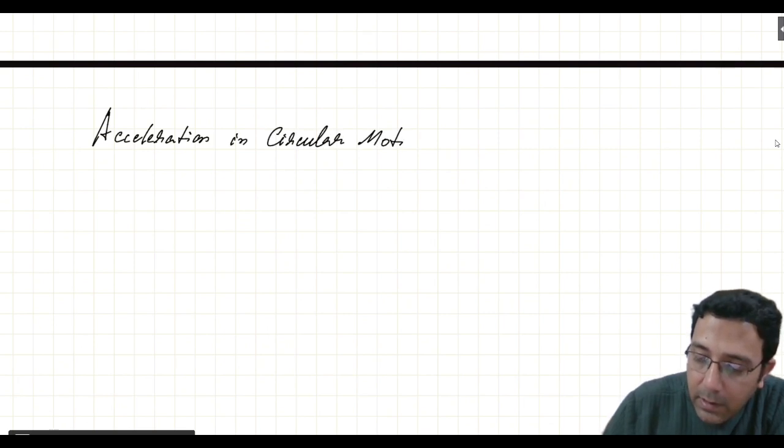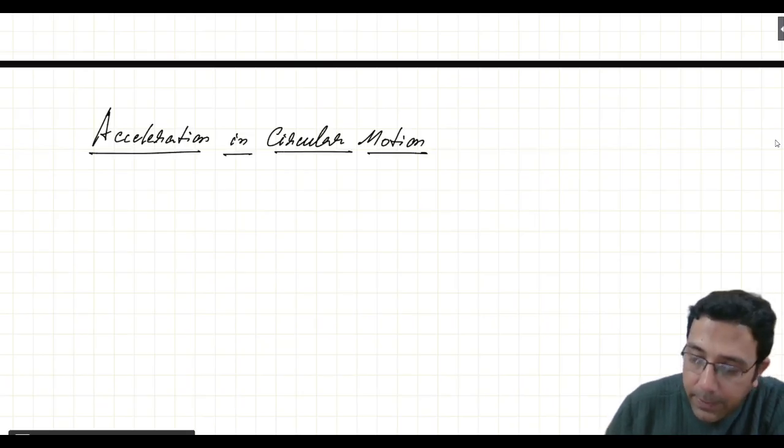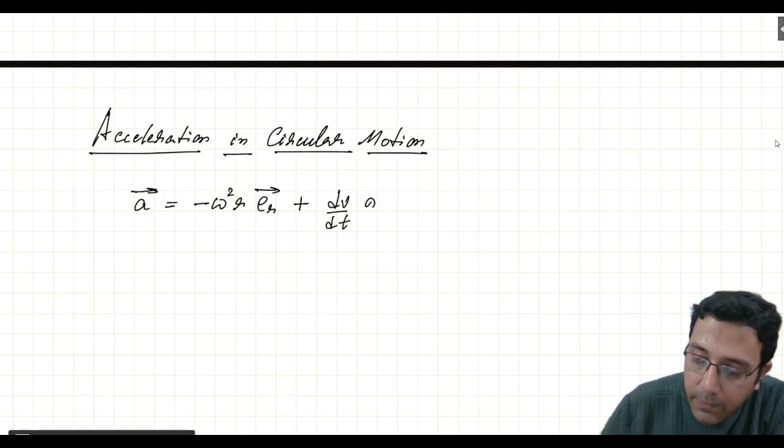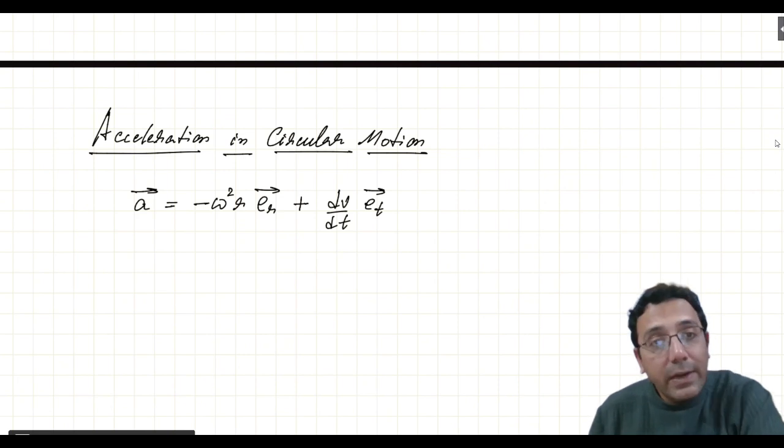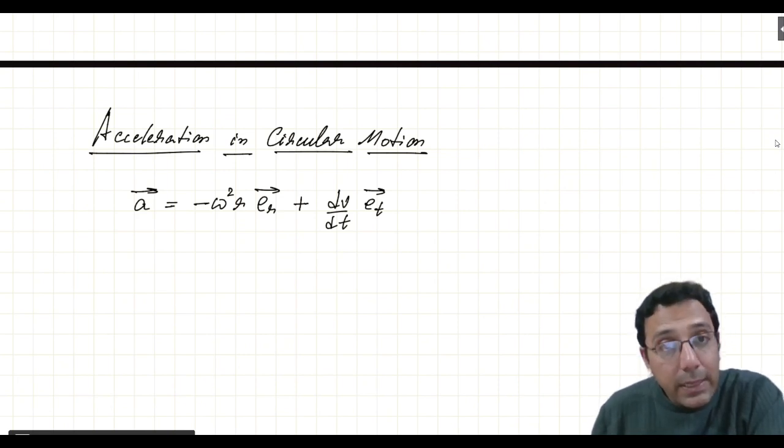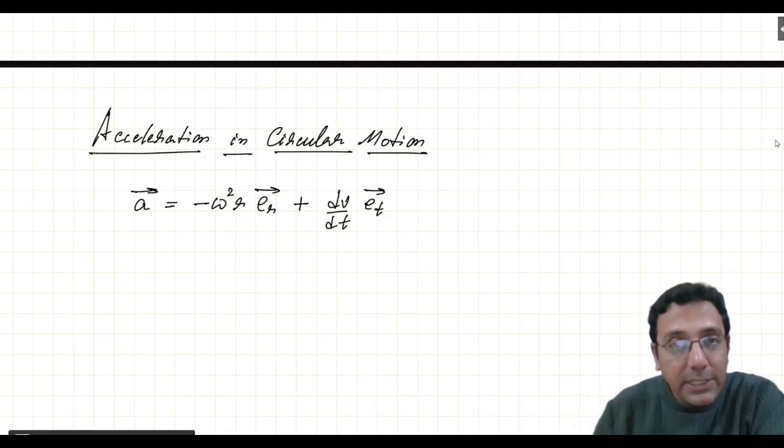Acceleration is a vector quantity, so I am writing it in vector form: minus omega square r er plus dv by dt et, where er is the unit vector along the radius, the radial component, and et is the unit vector in the tangential direction.